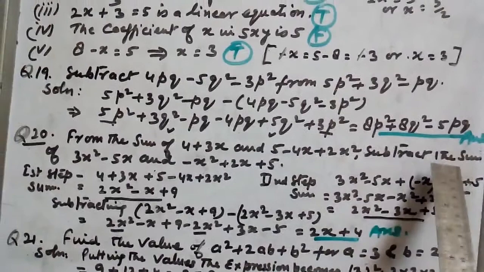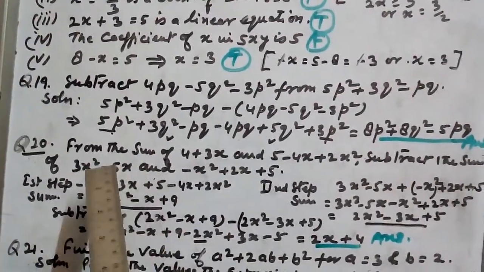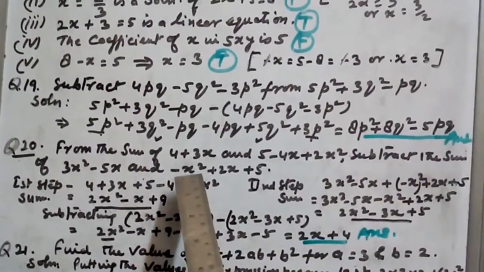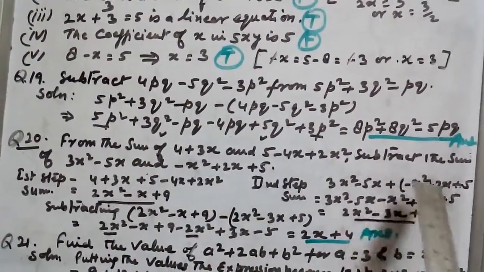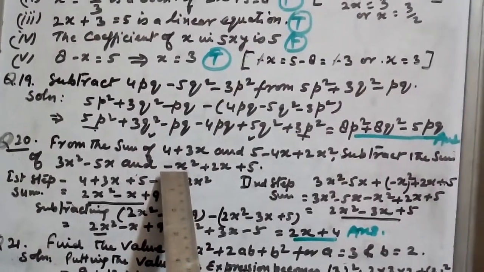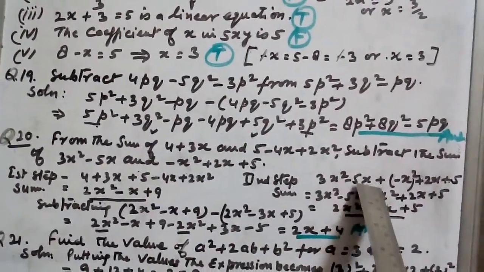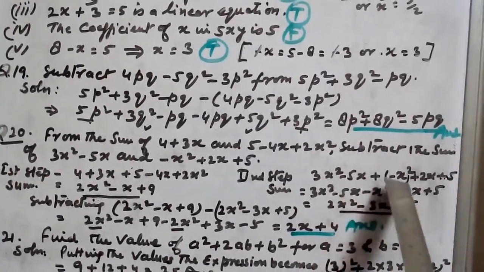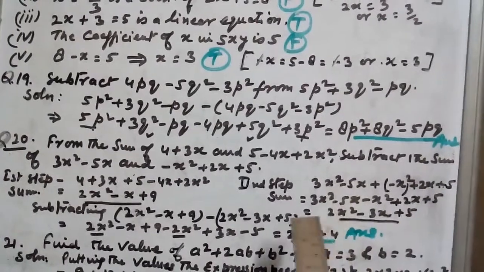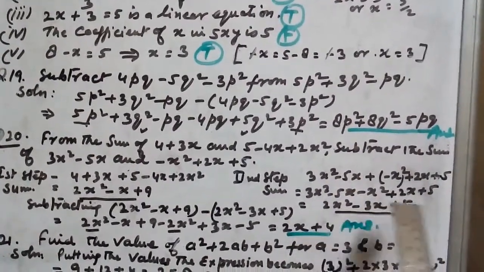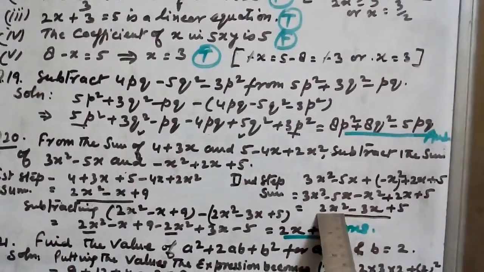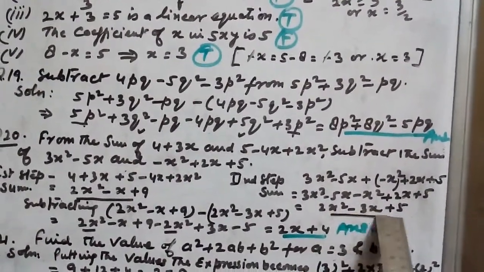And the second sum, adding these expressions 3 minus 5x plus x square and 2x plus 5. Because the x square bears a minus sign and we have to add this, we will put an add mark and then put minus x square under a bracket, plus 2x plus 5. Opening this, you can easily solve this question. The sum becomes 2x square minus 3x plus 5.